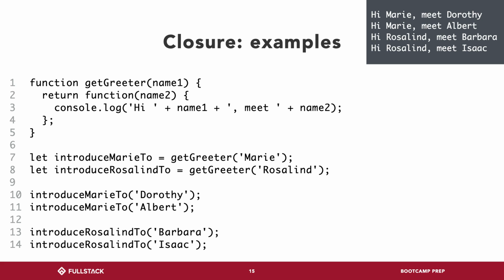This word getGreeter is now going to be a function. So you could think of it as saying let introduceMary, now this thing is going to be equal to this, right? You can't say let nothing equal to that, right?